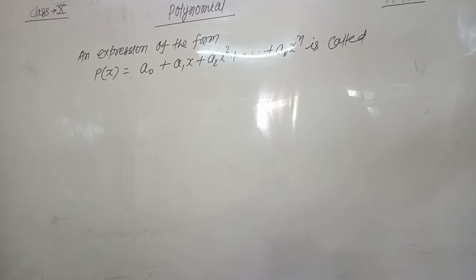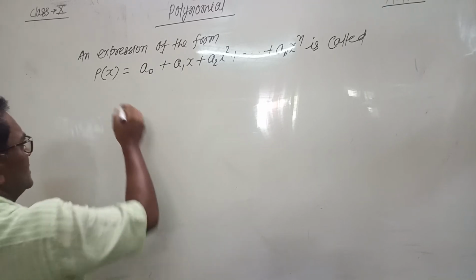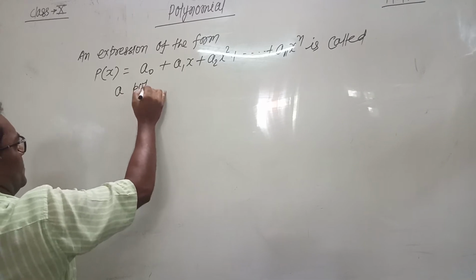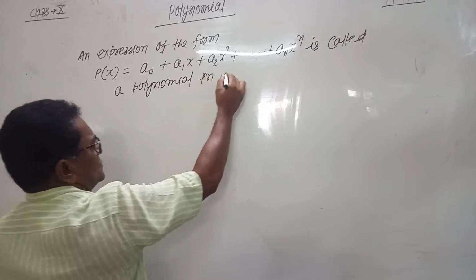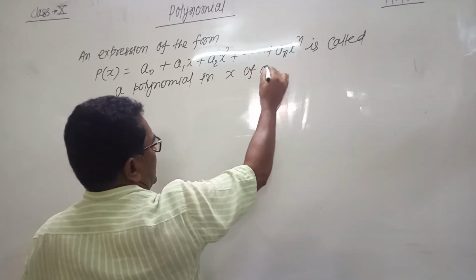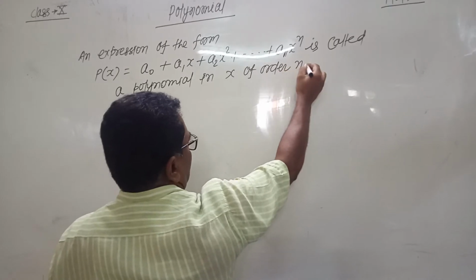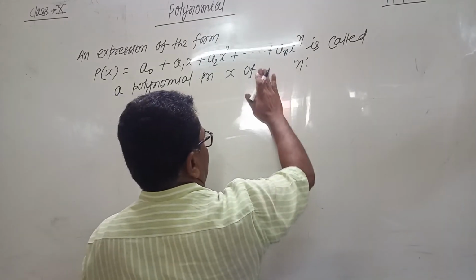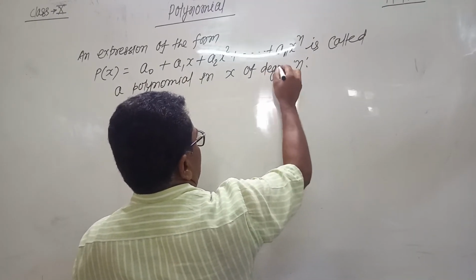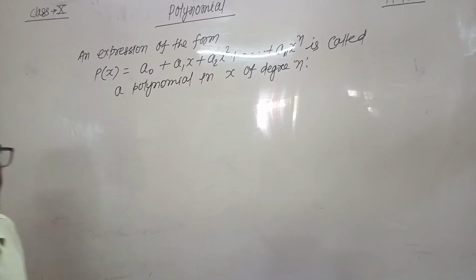Px equals a0 plus a1x plus a2x square plus anx^n is called a polynomial in x of degree n.